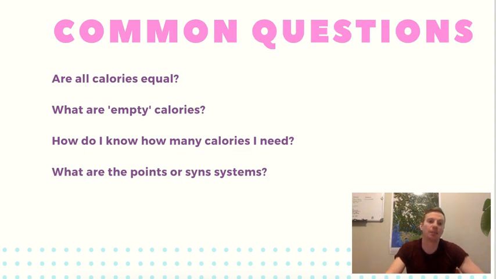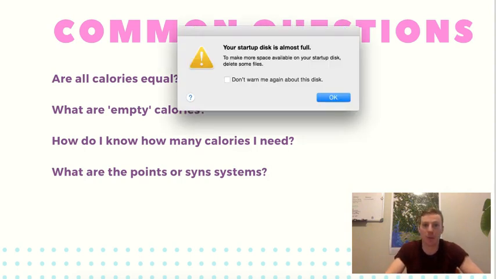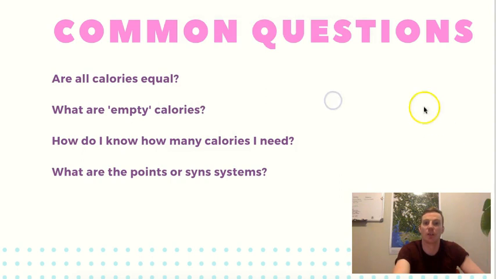So if someone has a donut and that's 300 calories, it's mainly going to be sugar and high GI carbs and not much else. Whereas if someone has 300 calories from some scrambled egg with some vegetables, you're going to get a lot more vitamins, micronutrients, and more protein. So there's more to it than just 300 versus 300.